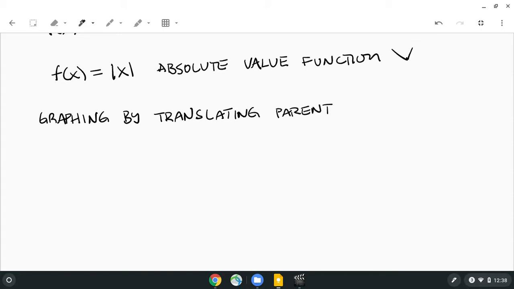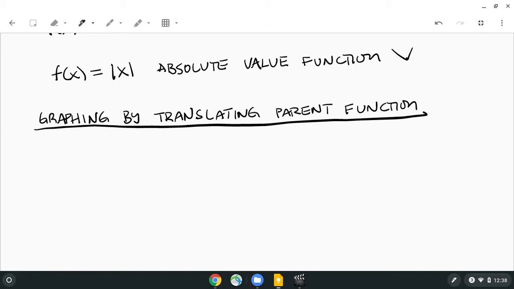And we're going to be doing that with the parent function, which is why at the very beginning of the notes I said to memorize those 3 graphs, each of them having those 3 main points. So the parent functions that we will be shifting around are going to be f of x equals x squared, and we'll be shifting that one around.